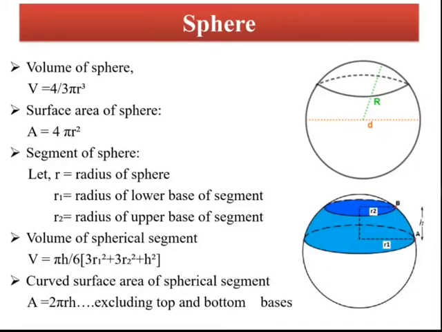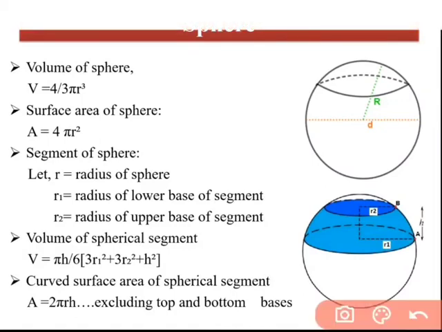Now next object is a sphere. This is the figure of a sphere. So first of all, we will find the volume of a sphere. The equation of volume of a sphere V is equal to 4 by 3 pi r cube. Second, find the surface area.